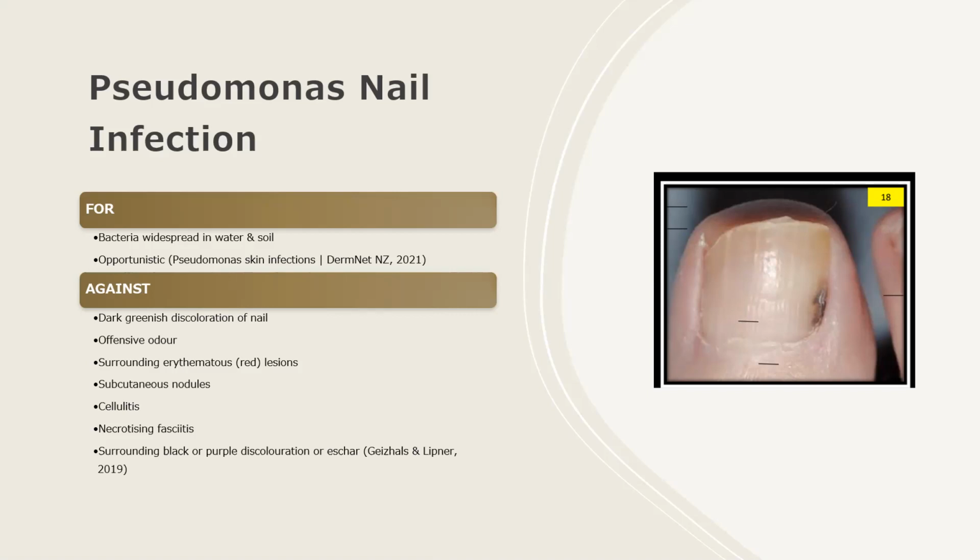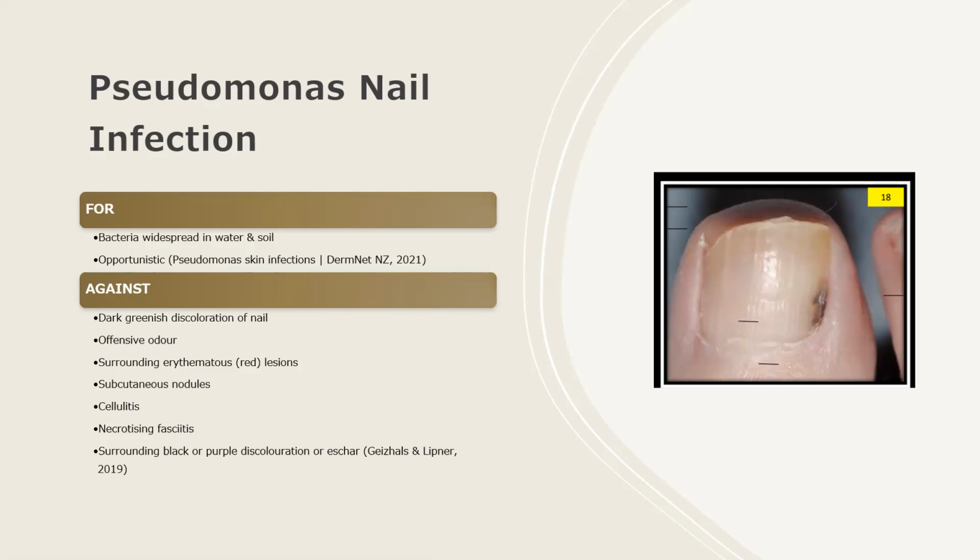Some reasons to rule out Pseudomonas nail infection include the fact that often a Pseudomonas nail is dark green in color. There's often offensive odor associated with this condition, and often you'll find some surrounding erythematous skin, which can be hemorrhagic or necrotic.